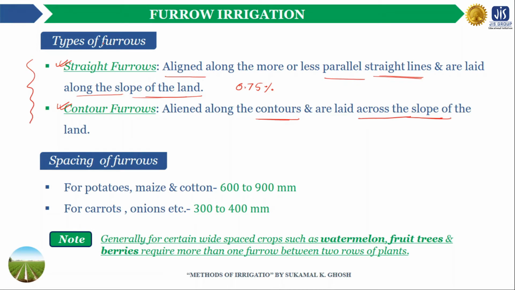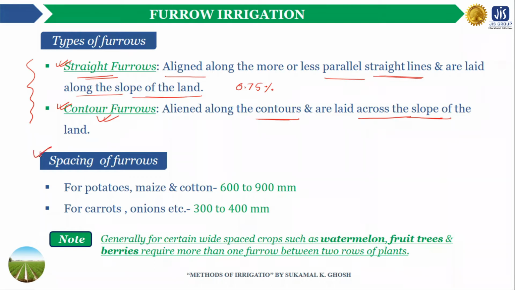However, in the case of straight furrows, the supply channels or pipes are provided at the upper end of the field. But for contour furrows, supply channels or pipes are aligned along the slope of the land.